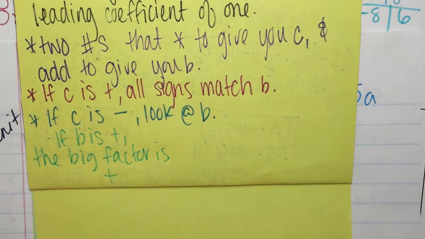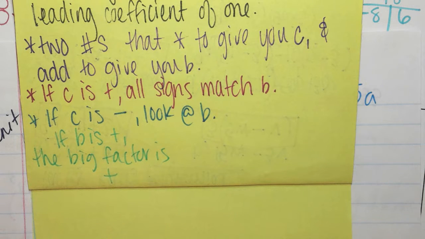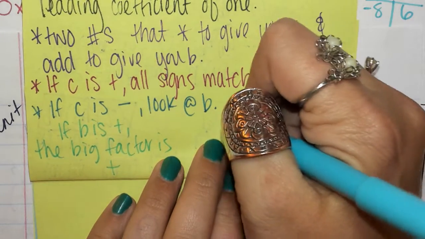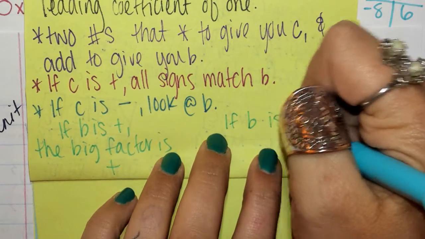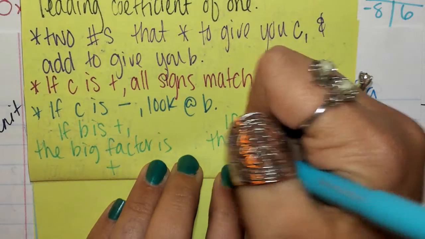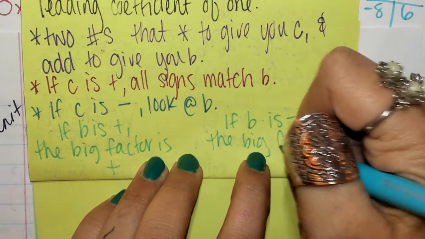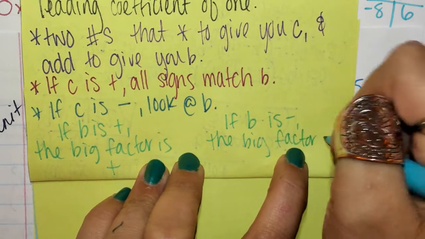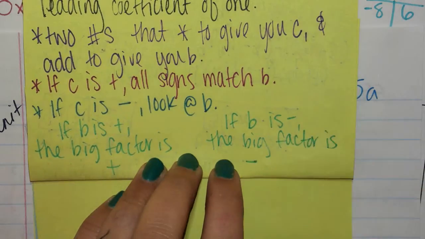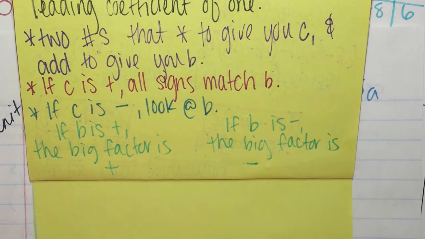It's like we remember something. It's so exciting. What if B is negative? If B is negative, the big factor is negative. And what do we mean by big factor? The larger number. Okay.